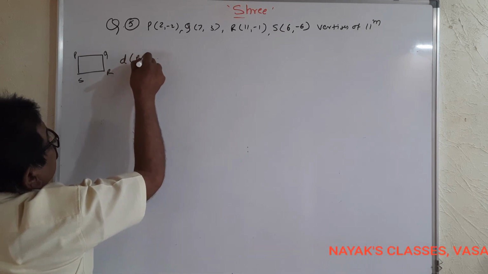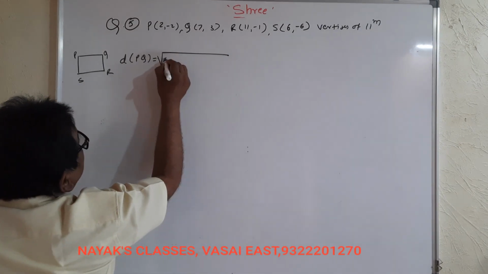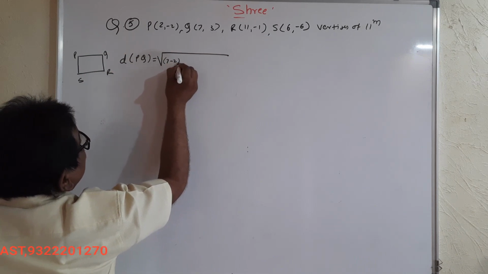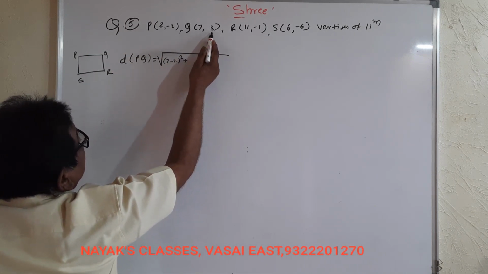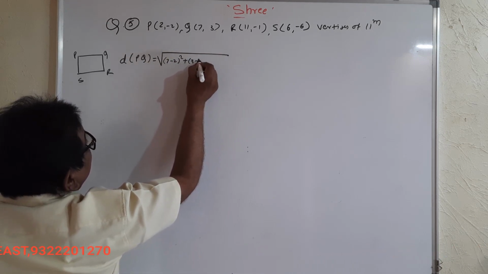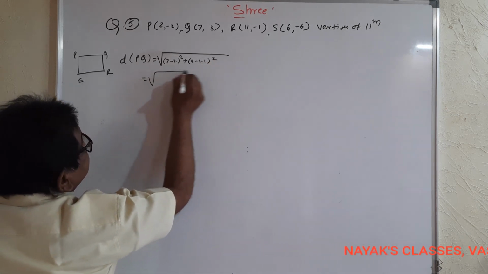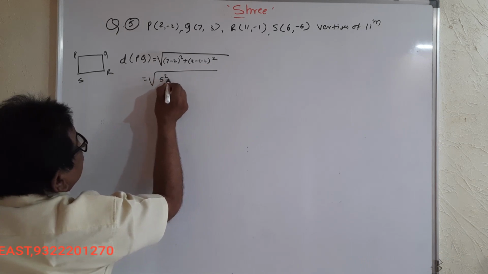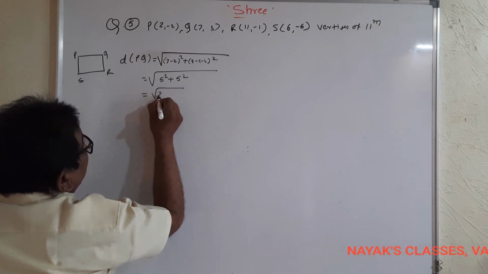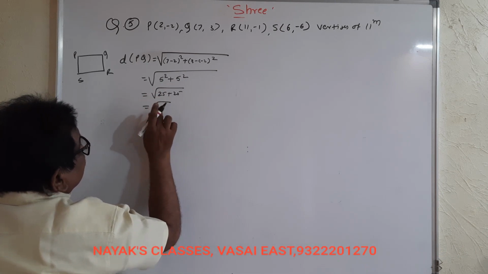Distance PQ is equal to under root x2 minus x1, so 7 minus 2 the whole square, plus y2 minus y1, 3 minus minus 2 the whole square, which is 5 the whole square plus 5 the whole square, which is 25 plus 25, which is root 50.